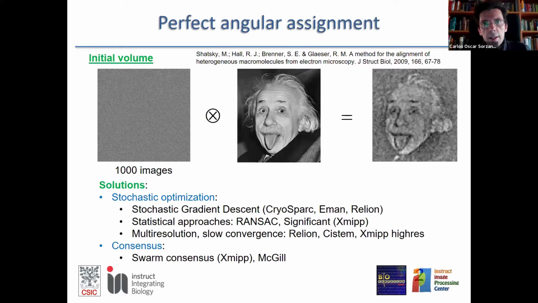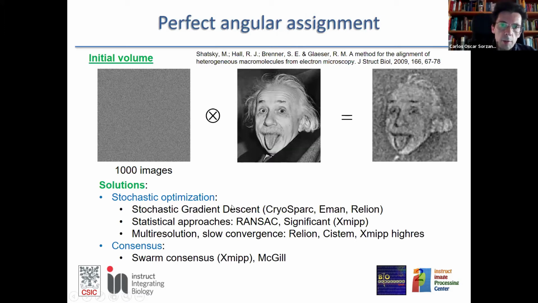Another idea is that you need to do a perfect angular assignment. The perfect angular assignment starts with a good initial volume. We know that the Einstein from noise problem, which we are all aware of in our field, is a problem of the initial volume. If you have a bad initial volume, you will probably only recover that bad initial volume again.